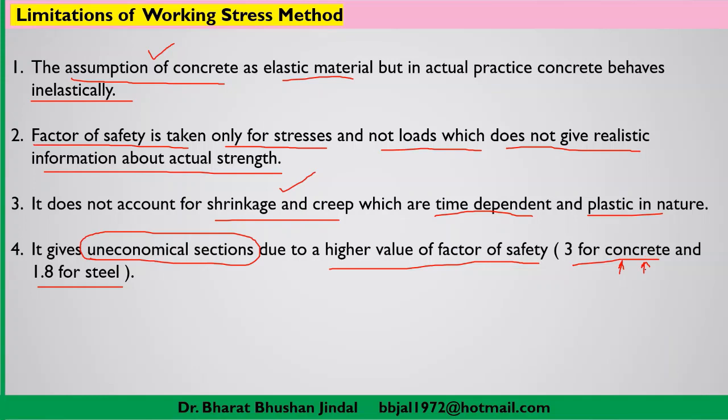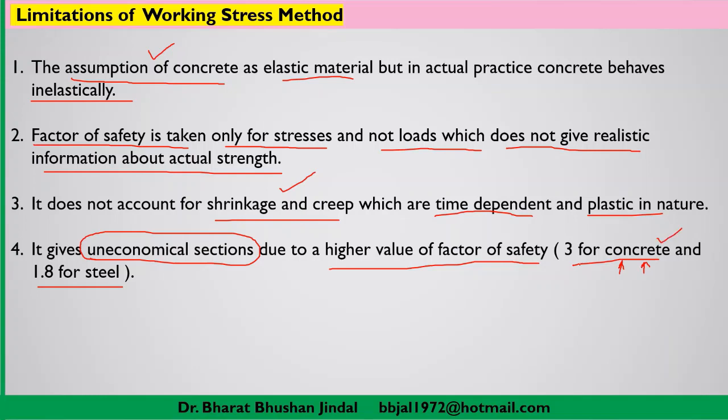So that's why we have taken a lesser factor of safety in the case of steel and a higher factor of safety in the case of concrete. Here you can easily understand that by applying a factor of safety of 3, we are actually reducing the strength of concrete by one third when we do the calculations.